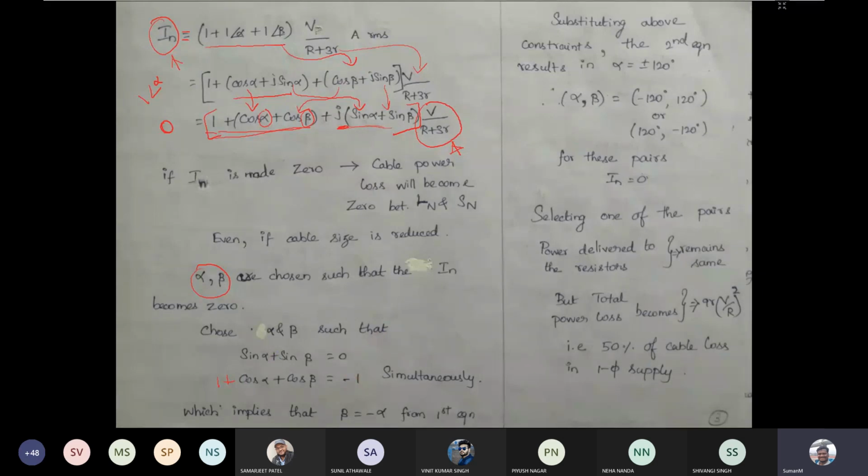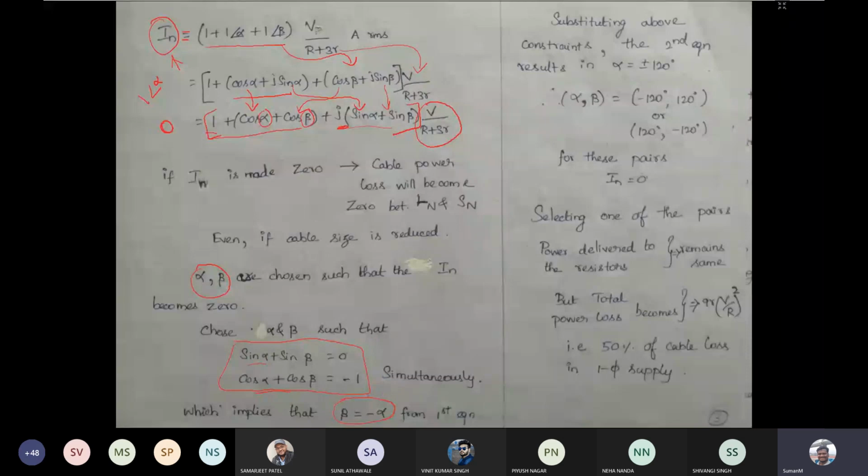Now you just rearrange this equation. This is the real term equation, so you get cos alpha plus cos beta is equal to -1, and sin alpha plus sin beta is equal to 0. If you want sin alpha plus sin beta equal to 0 and cos alpha plus cos beta equal to -1, then these equations can be solved only if beta is equal to minus alpha, or alpha is equal to minus beta.